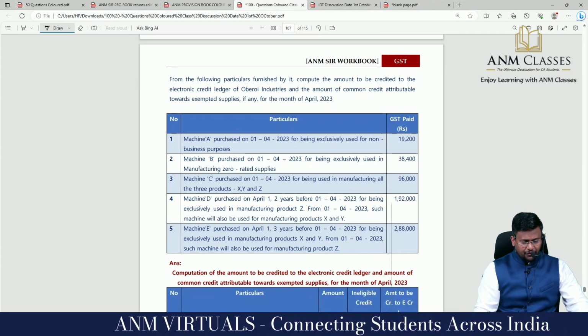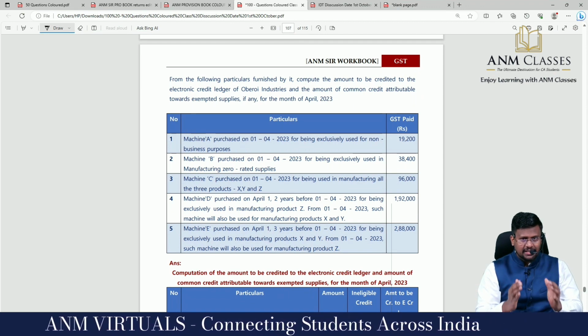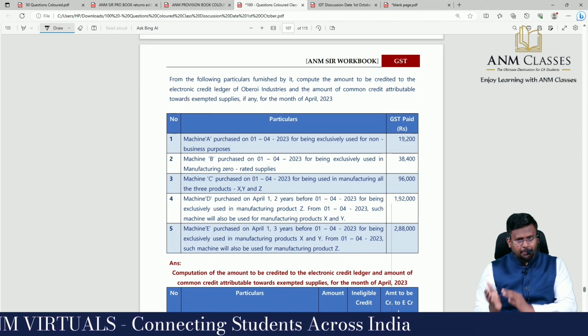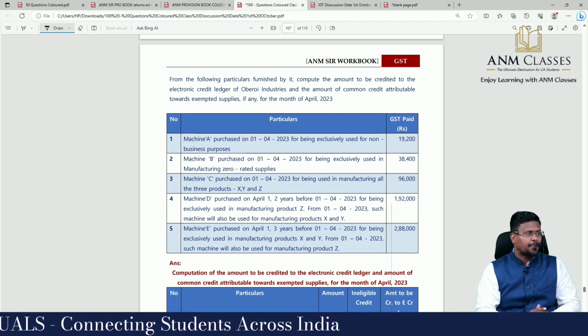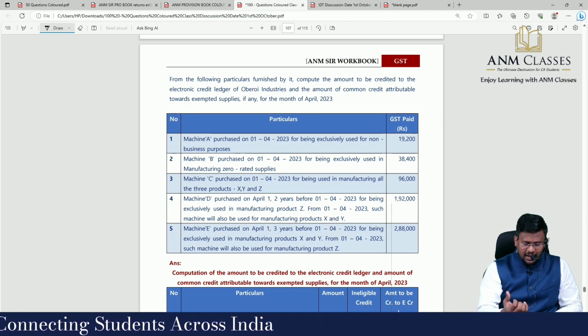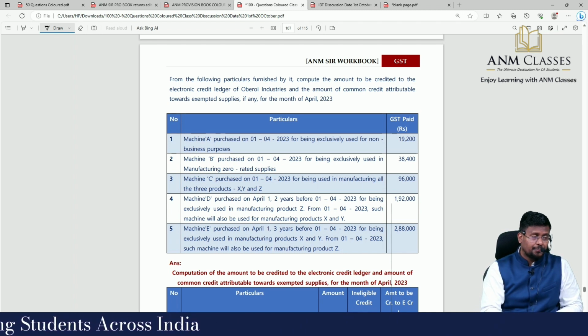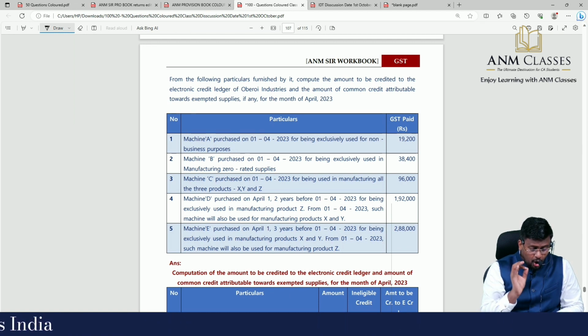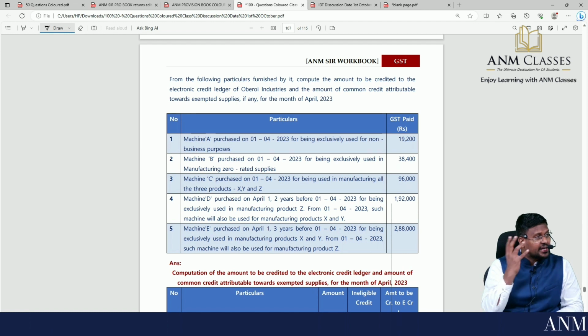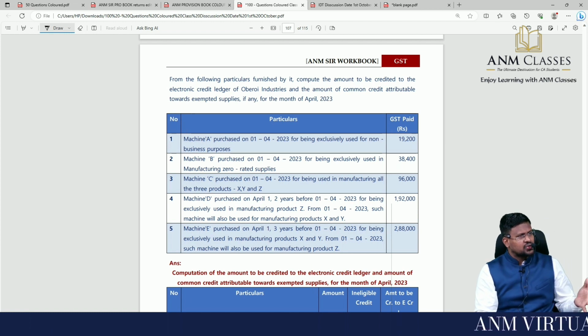So first you should understand the basics of apportionment of input, input services and capital goods. If the item is capital goods, it is a one-to-one concept. If the item is input or input services, it is an aggregate concept. Capital goods are not like raw material.